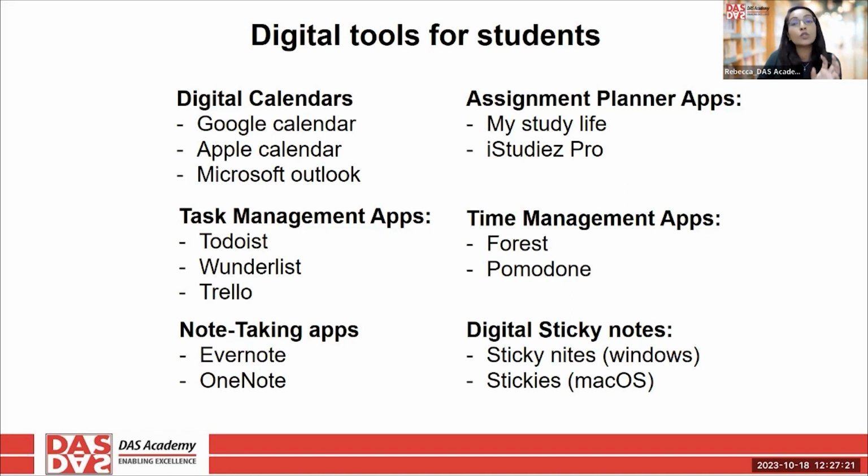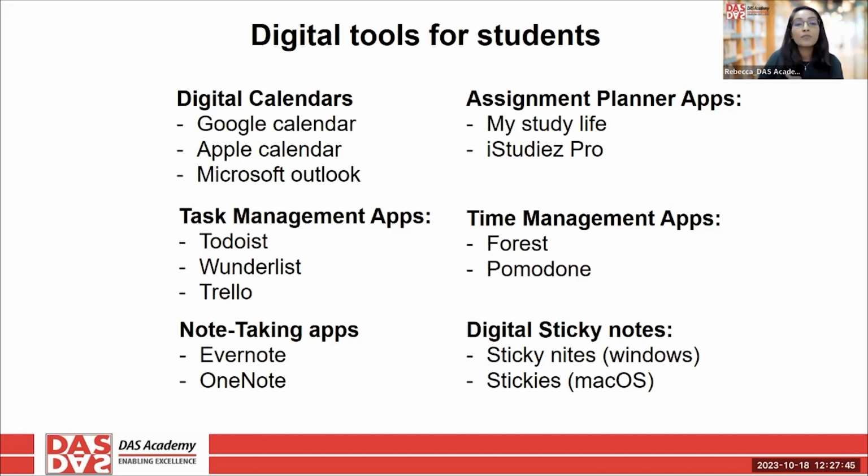If you're looking specifically for note-taking, you can try Evernote and OneNote. With Evernote, students can take and organize notes, attach documents, and also set reminders for tasks. OneNote allows for note-taking, creating lists, and collaboration on tasks as well.